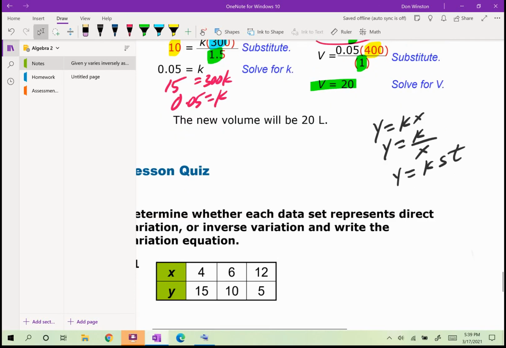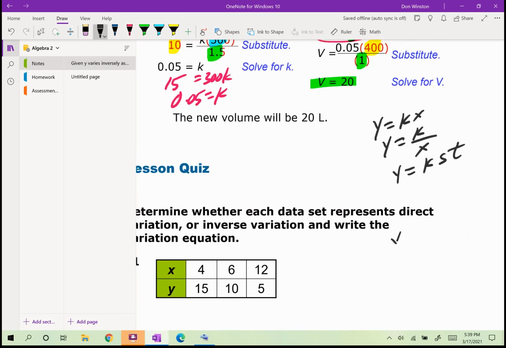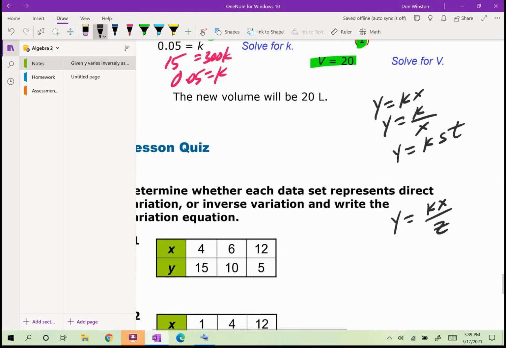And then we have combined variation where we have both direct and inverse, y is equal to k times x over some variable. So that would be combined using direct and inverse. Or we would have y is equal to k times a b, so that would be joint variation, divided by some variable z, and that would be inverse. So these are the equations we're working with here.